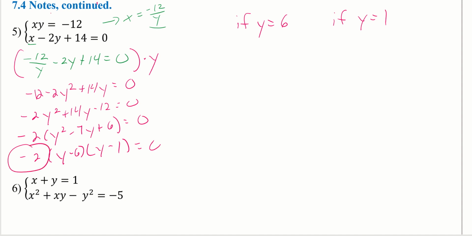Notice how I didn't get a solution from that first GCF because it doesn't have a variable attached to it, right? So if y is 6, then x is equal to negative 12 over 6, which is negative 2. And then here, if y is 1, x is equal to negative 12 over 1, which is still negative 12. So when you write the answers, just be very careful that you put them in the correct order. So negative 12, 1.